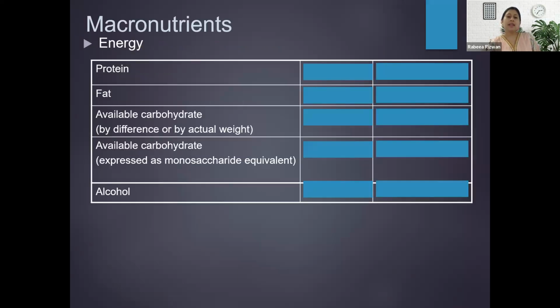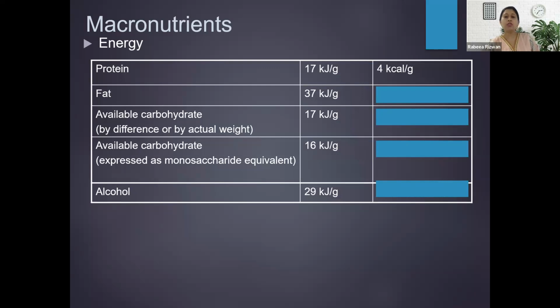Here is an exercise on the specific energy values of macronutrients. For proteins, it would be 17 kilojoules per gram, for fat 37, carbohydrates in monosaccharides 17, and overall carbohydrates 16, and alcohol 29 kilojoules per gram.